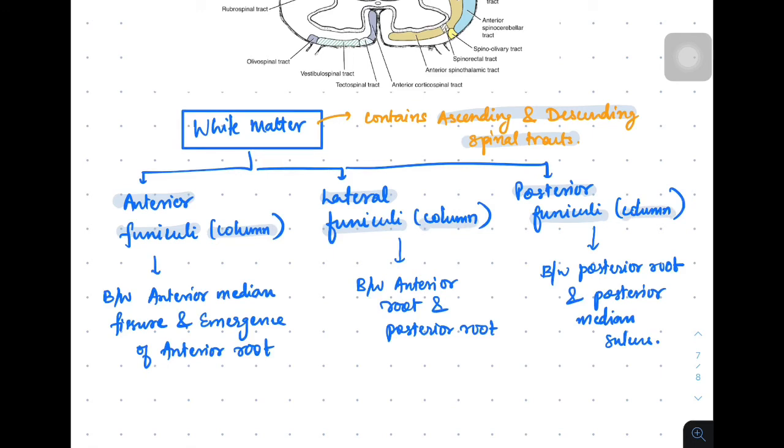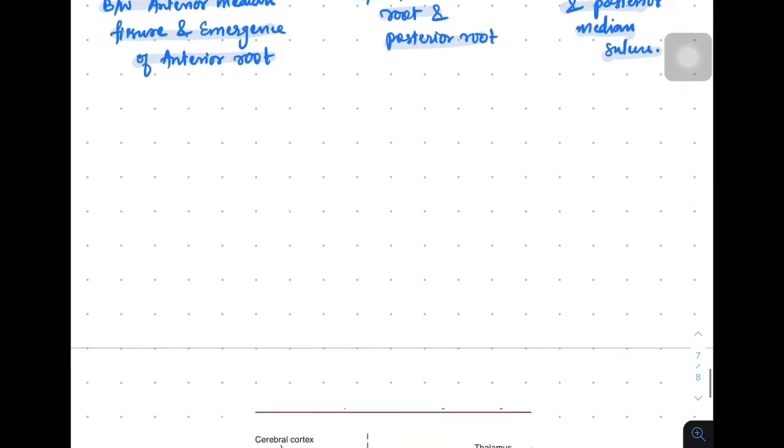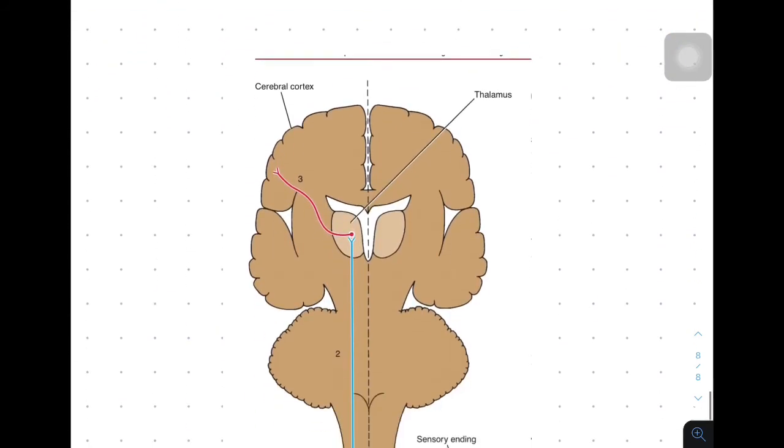The anterior funiculi is between the anterior median fissure and the emergence of the anterior root, the lateral funiculi between the anterior and posterior root, and the posterior funiculi between the posterior root and the posterior median sulcus. So these are the tracts. I'll be talking about all these tracts in my later video. So that was all about the structure of the spinal cord.